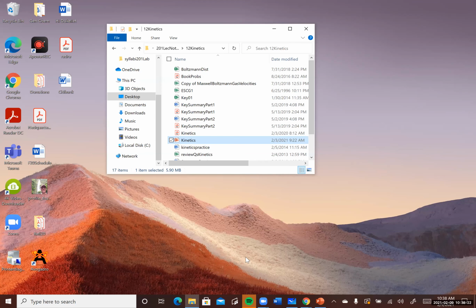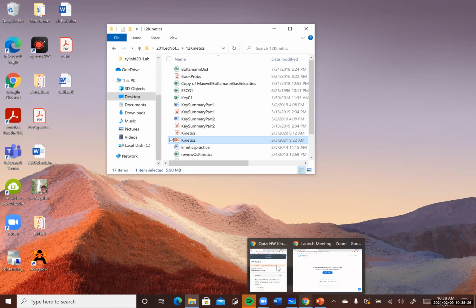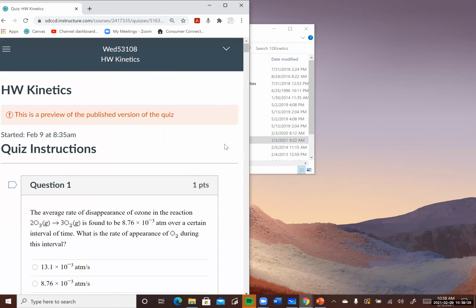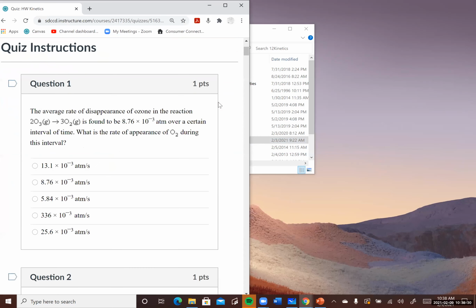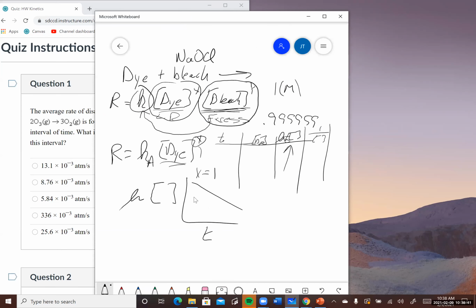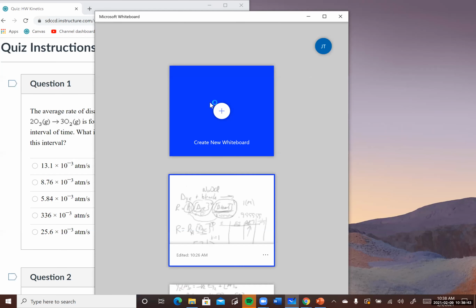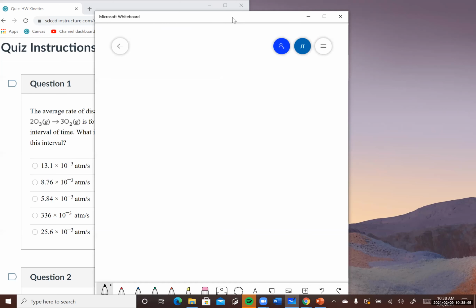So I'll get rid of that. And I need to take a look at this here. This is our homework. I thought it was going to be really cool and get everything ready for us so we could just go and do some problems, but it turned out to be messy. Let's get a new one of these just in case.